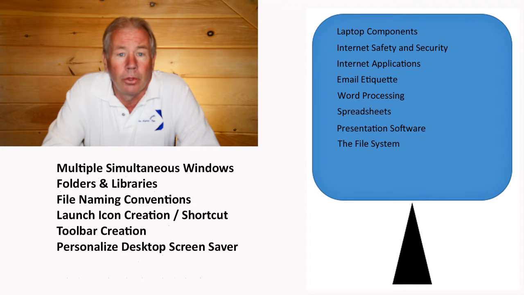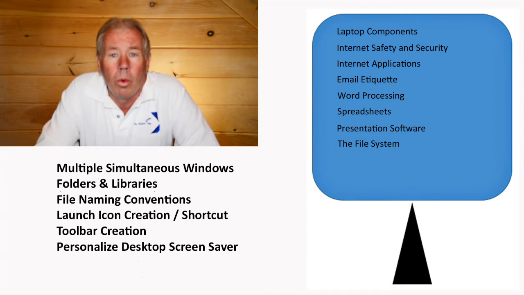Finally, we learned how to create your own toolbar and logically organize launch icons within it. We concluded that section with a look at how to personalize screensavers. Now that you knew how to create folders, you could create a folder and put your special pictures into it, and then right-click on your desktop to personalize it via the pictures.